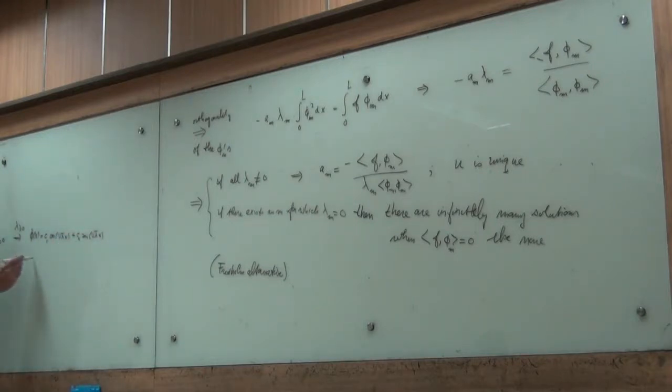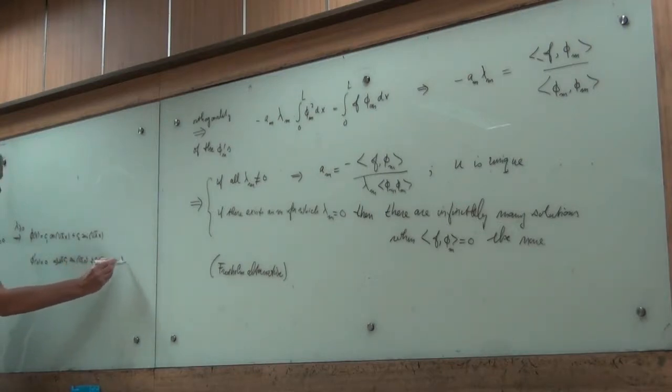Then apply the conditions. Phi prime 0 is equal to 0. That implies that c1 times minus sine square root lambda times 0 plus c2 square root of lambda times cosine square root of lambda times 0 is 0. That implies, what does it imply?